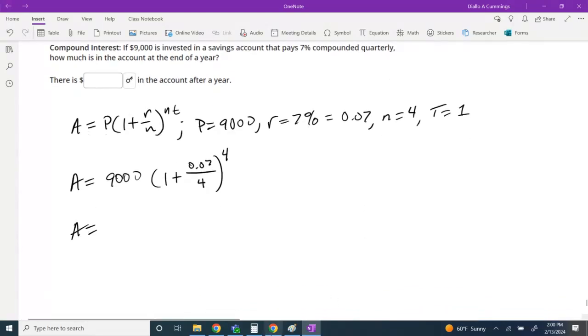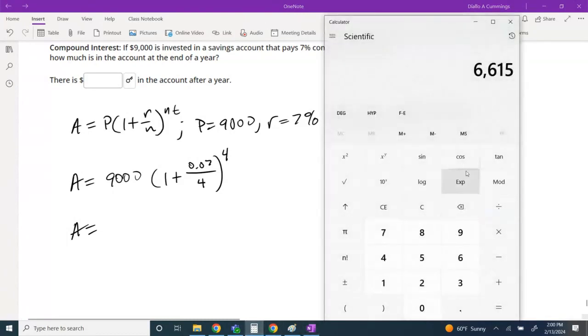All right, so if we put this into our calculator, we have 9,000 times, I'm going to begin a set of parentheses, 1 plus 0.07 divided by 4.